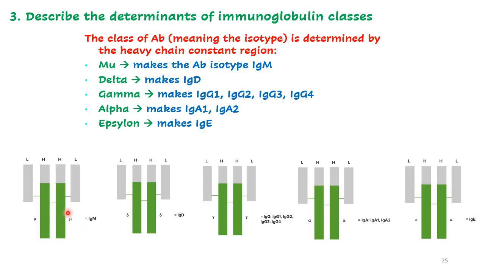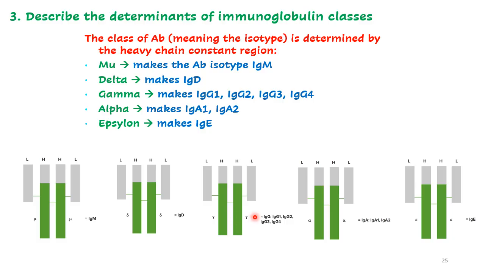So this chain here is coming from the mu. You're going to have an antibody that is type IgM. If this constant region comes from the delta, I'm sorry, I always get those two confused, you're going to have an antibody that is IgD, and so on and so forth. Now look at this.